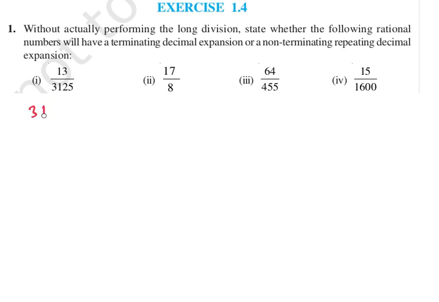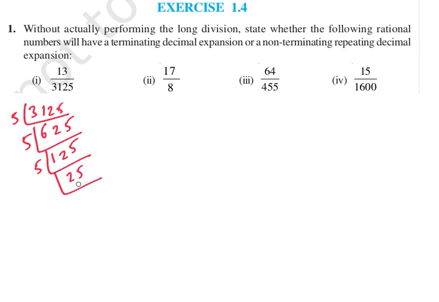So, 3125 we need to factorize. We will take the fifth table. 6 5s are 30, 2 5s are 10, 5 5s are 25. It will go again by the fifth table, 1 5 is 5, 2 5s are 10, 5 5s are 25. Again the fifth table, 2 5s are 10, 5 5s are 25. Again the fifth table, 5 times.